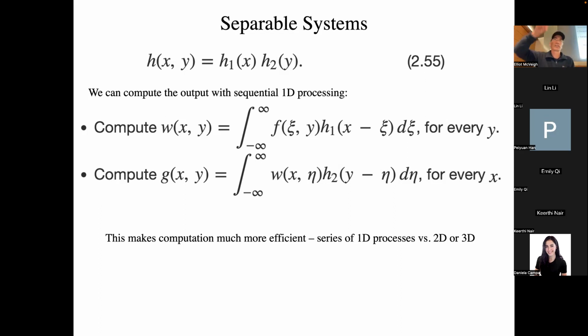Whatever row you're in, you're going to blur the same in Y. Whatever column you're in, you're going to blur the same in X. And so that makes the mathematics somewhat simpler, right? Because these convolutions turn out to be 1D convolutions as opposed to a 2D convolution. And they don't go up linearly with D, right? So if you have a large convolution kernel in 2D, it's more expensive than these 1D kernels that are multiplied together.